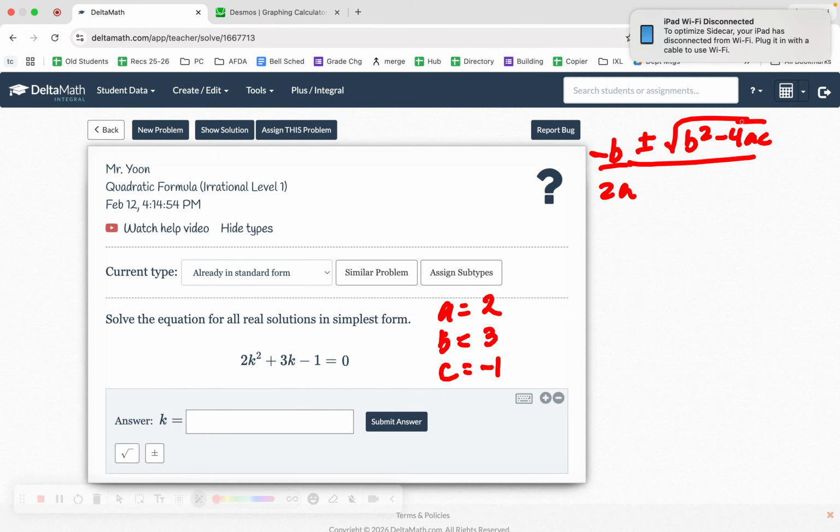So let's fill in our a, b, and c. Our b is 3, so we're going to say negative 3, plus or minus, and then 3 squared is 9, minus 4 times a, which is 2, and c, which is negative 1, all over 2 times 2, which is 4.